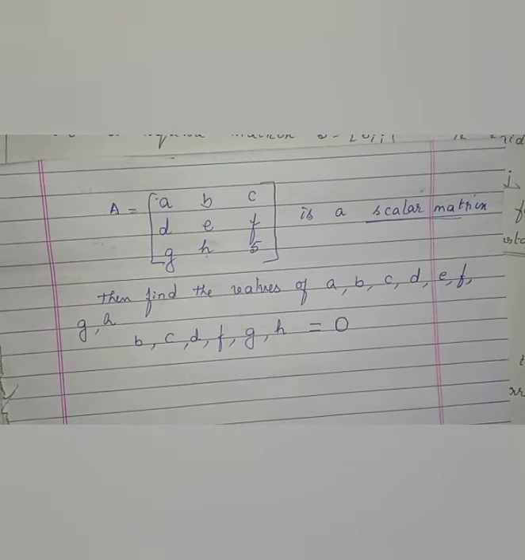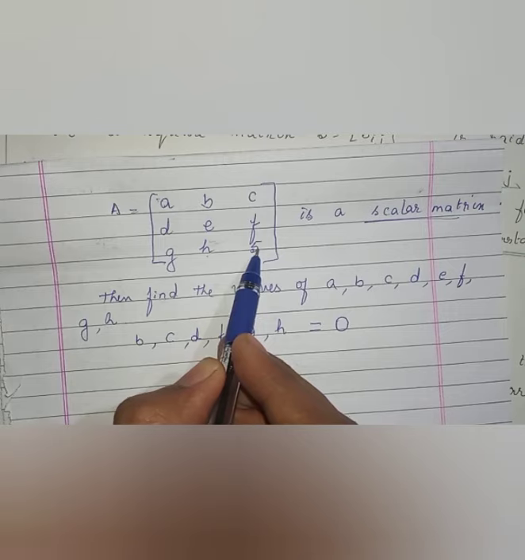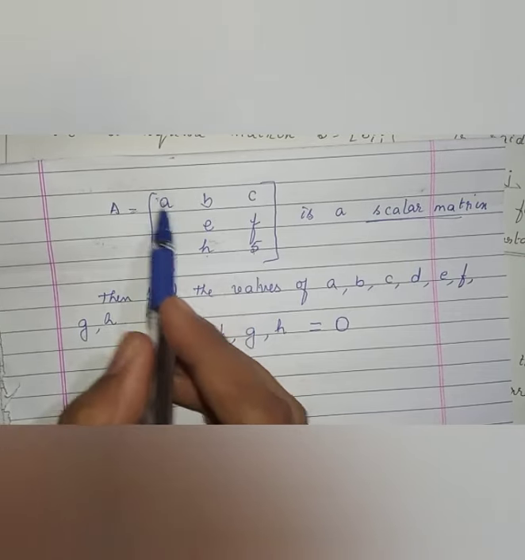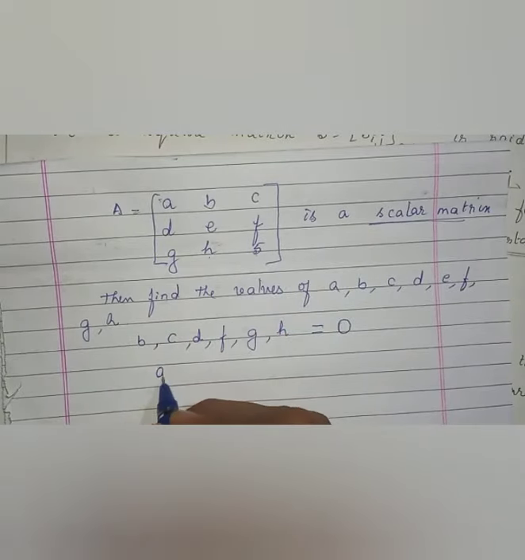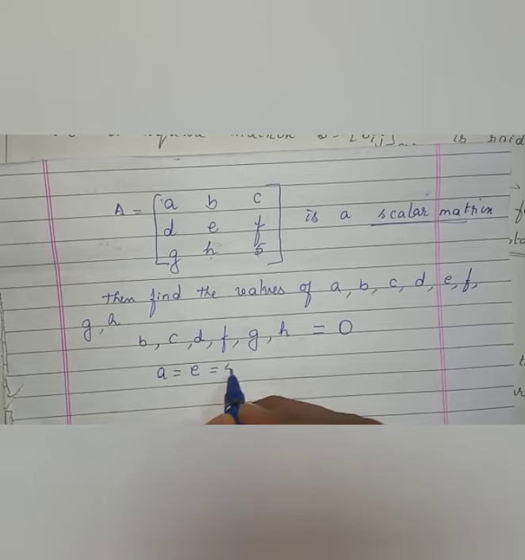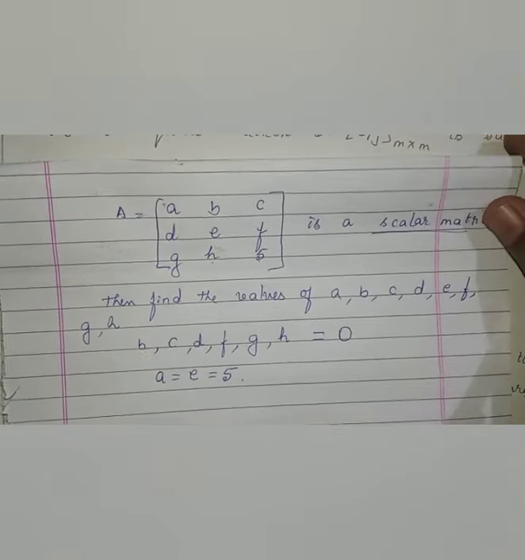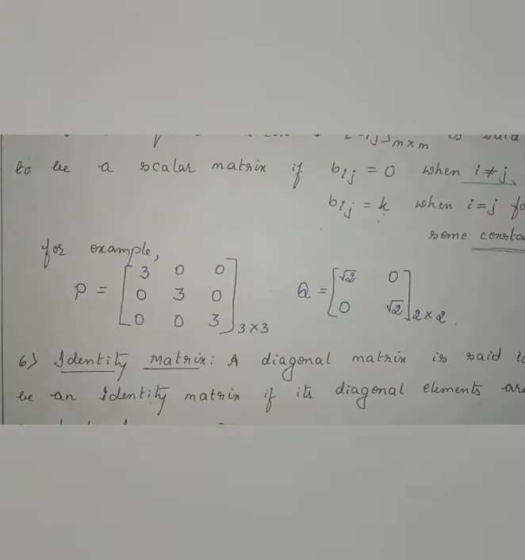And diagonal elements are the same. So this is the diagonal of the matrix. The one entry is 5. Therefore, what about these two? A is equal to E. The value is equal to 5. Is it okay? So this is the application of the scalar matrix here.